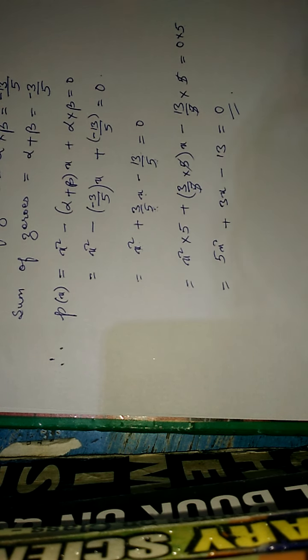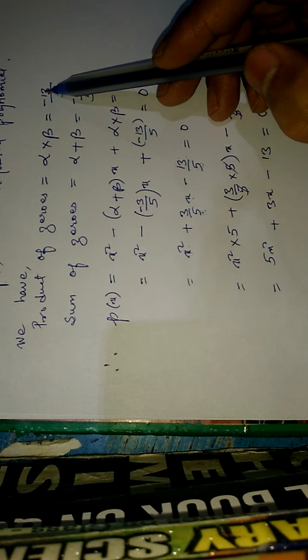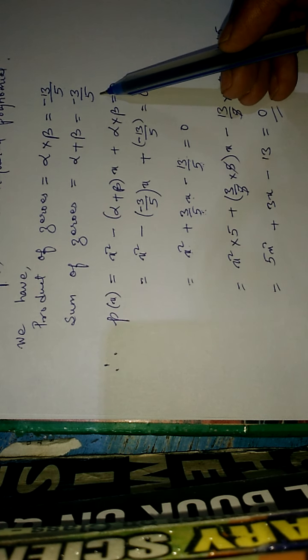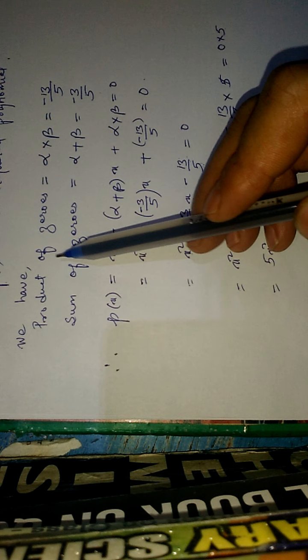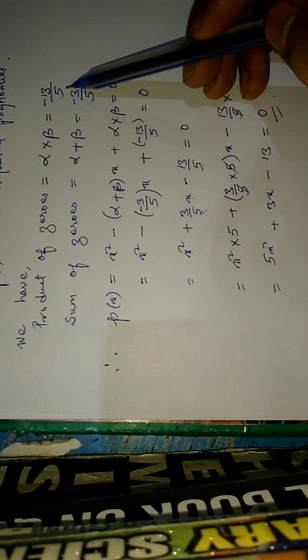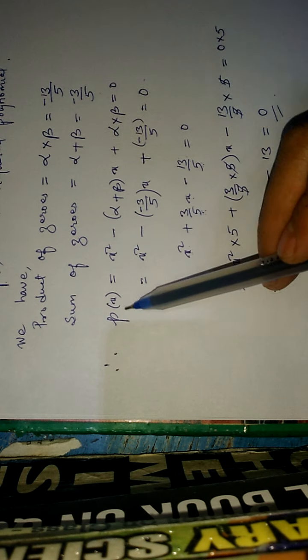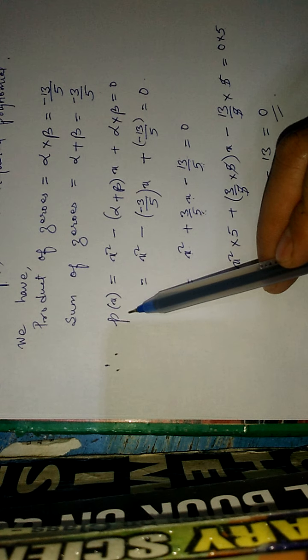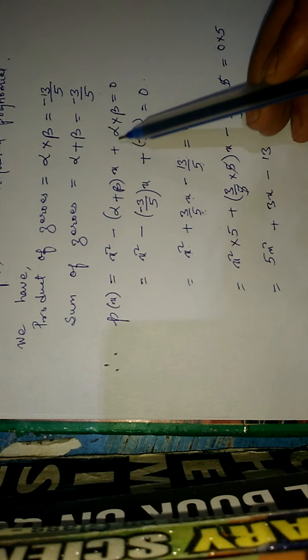Once again, let's review. We are given the product of zeros as minus 13 by 5 and the sum of zeros as minus 3 by 5. In x square minus (alpha plus beta) x plus alpha into beta, alpha plus beta is minus 3 by 5 and alpha into beta is minus 13 by 5.